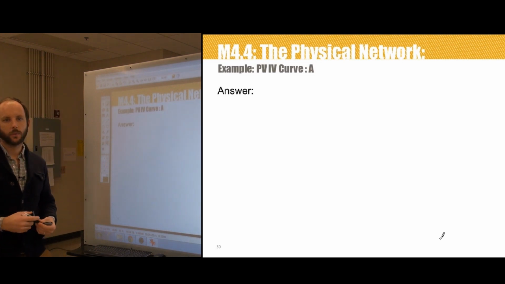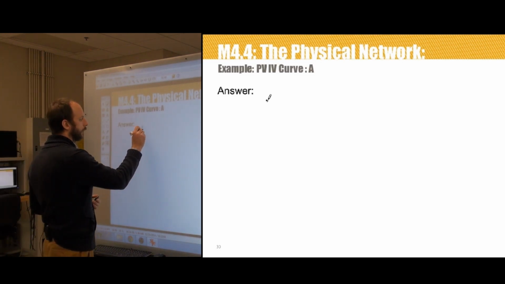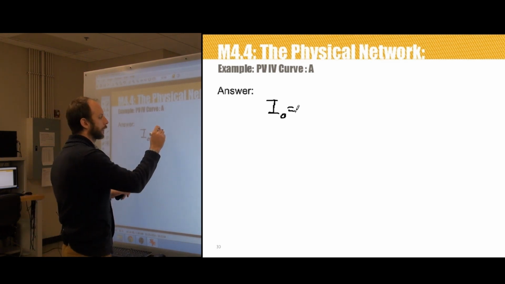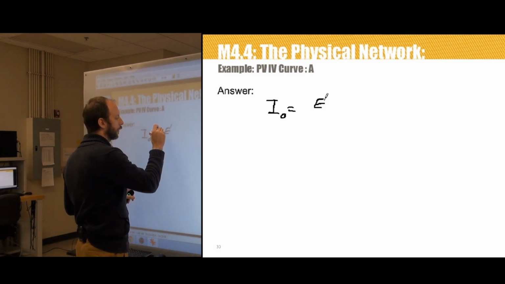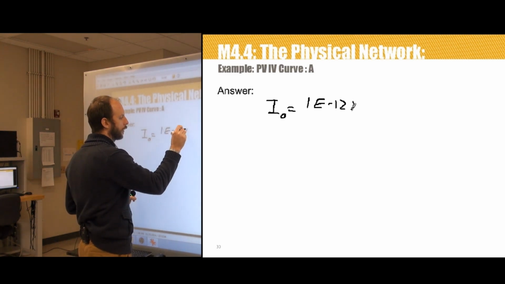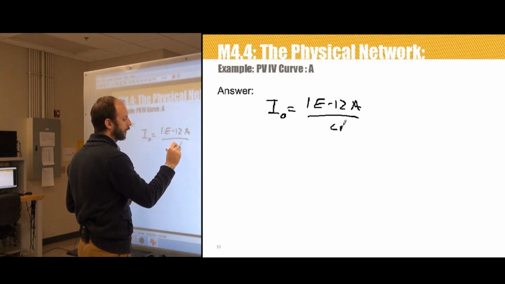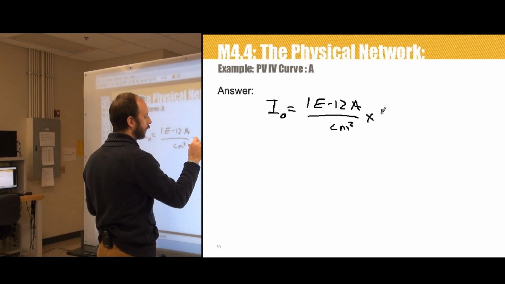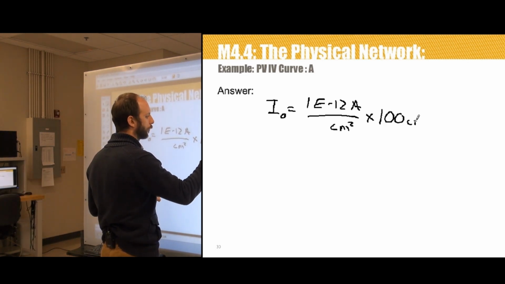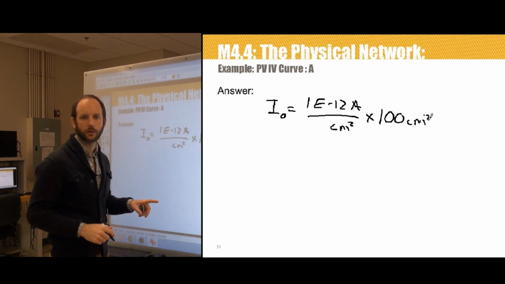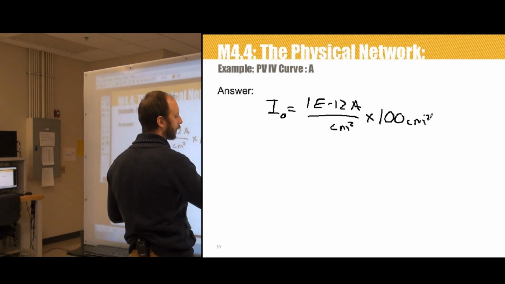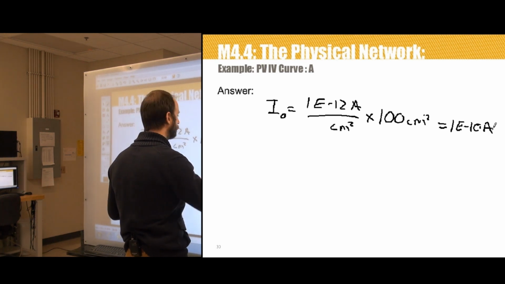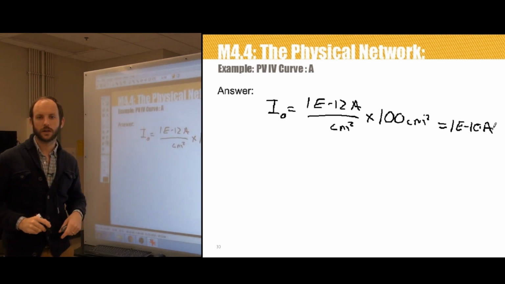To do that, we take I0. We were given a current density, so I0 is equal to 1 times 10 to the minus 12 amps per centimeter squared. The PN junction area was 100 centimeters squared, so we multiply our current density by the cross-sectional area of the PN junction, and that's 1 times 10 to the minus 10 amps. So our reverse saturation current is 1e-10 amps.